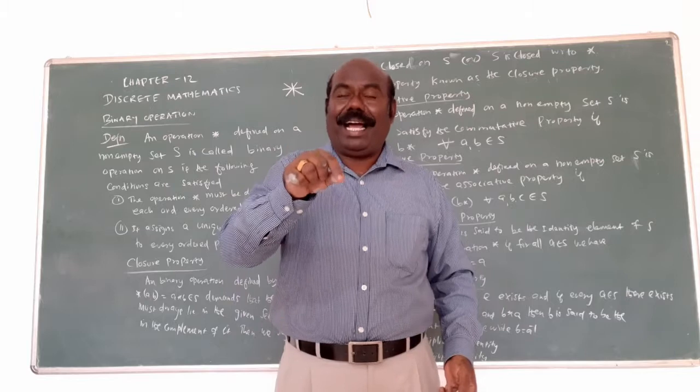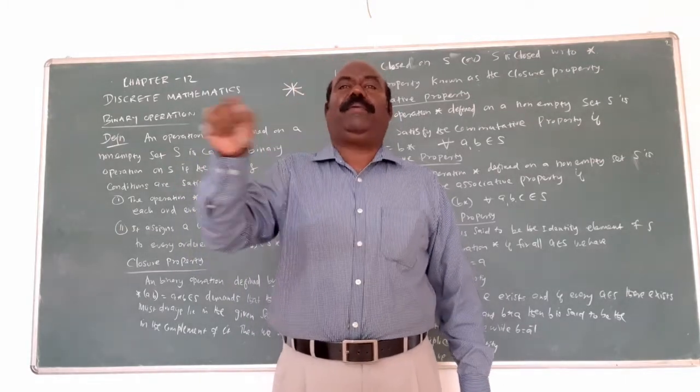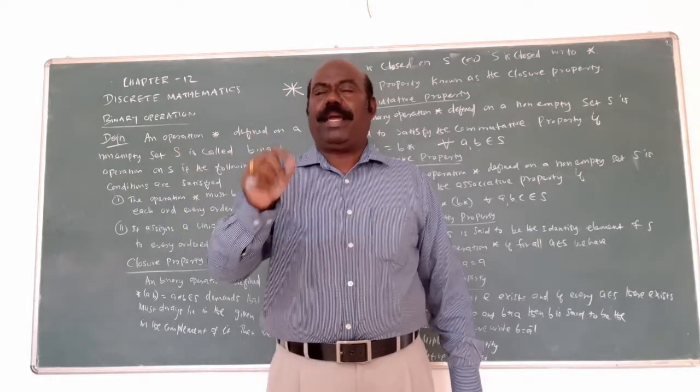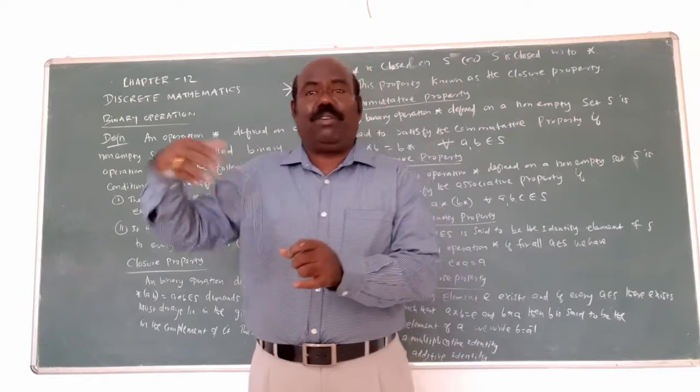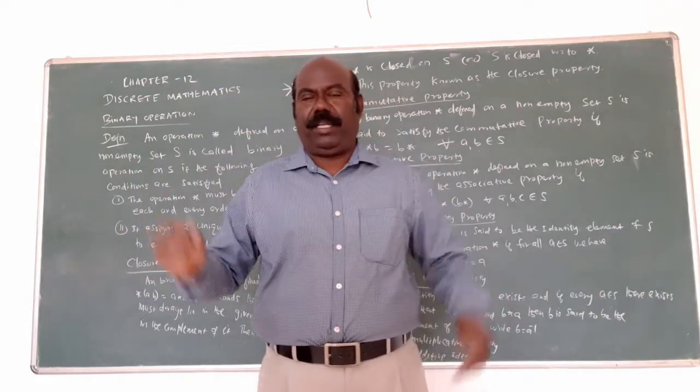Using that operation, A star B, where star represents the operation, such as A plus B or A minus B, you find the result. That number must also belong to the given set. That is the closure property.